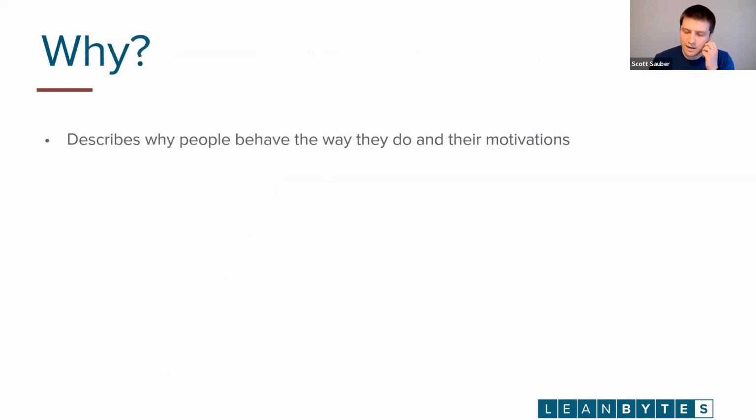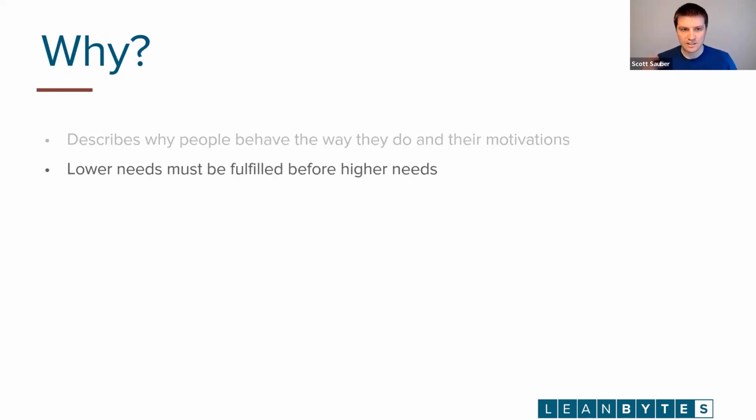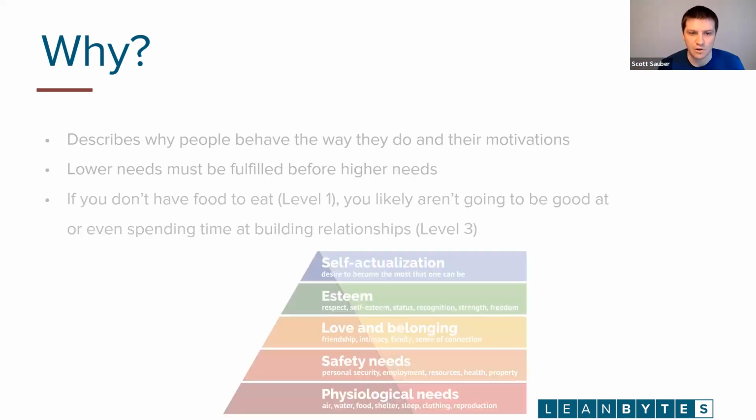The reason Maslow created this in the first place is that it describes why people behave the way that they do and their motivations for doing so. The idea again is that these lower needs must be fulfilled before you start moving up to the higher needs.